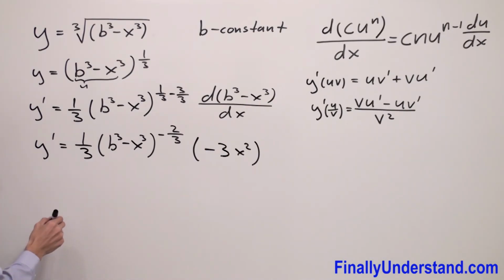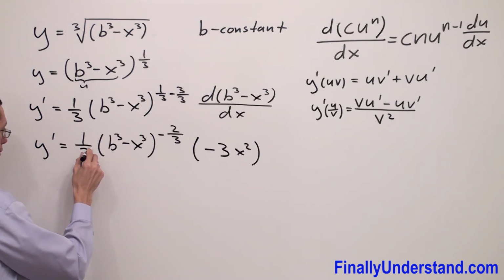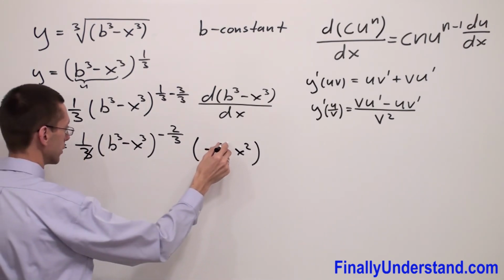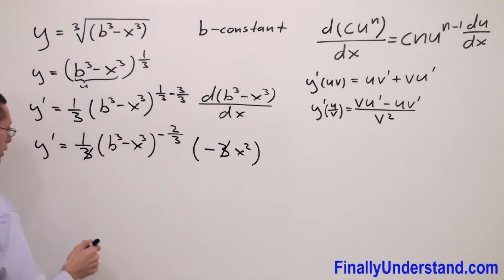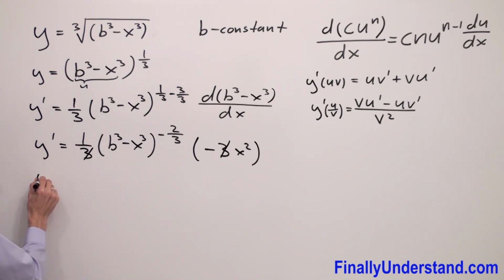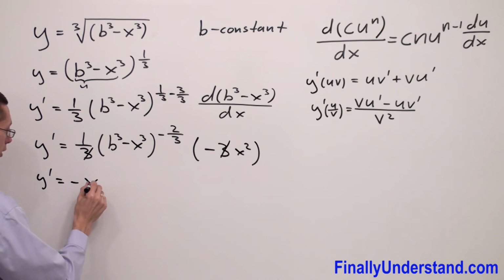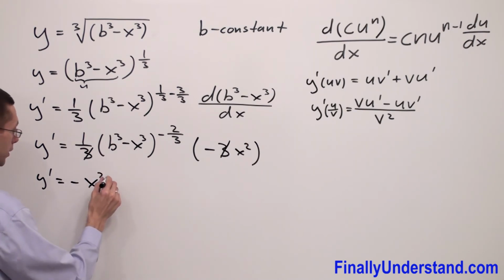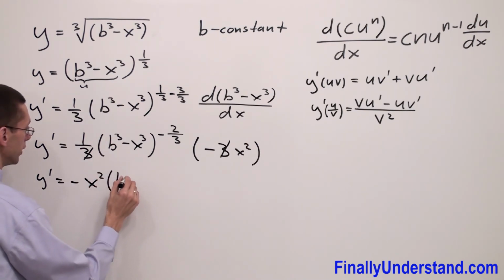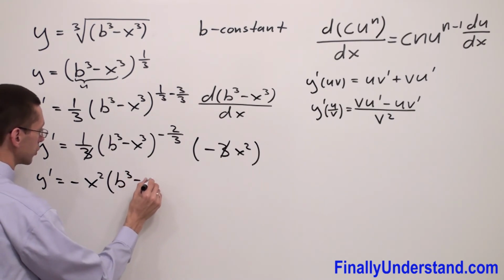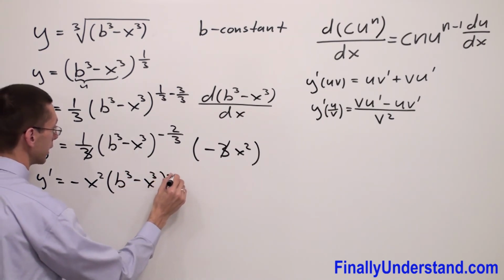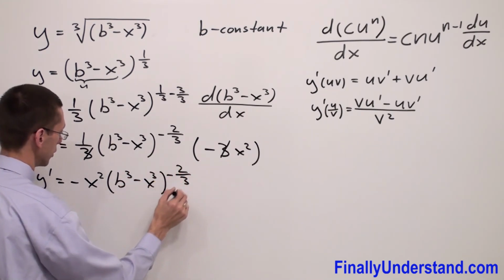Now we're supposed to reduce 3 and 3 over here. So I'm going to have y prime is equal to negative x squared times b cubed minus x cubed to the power negative 2/3.